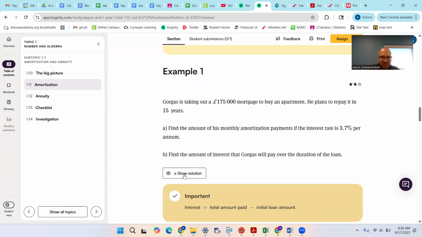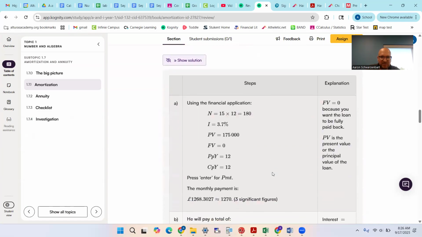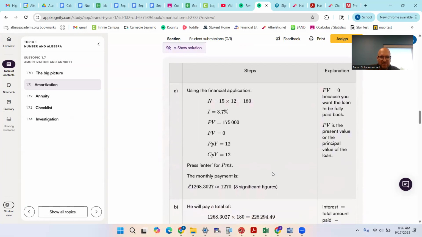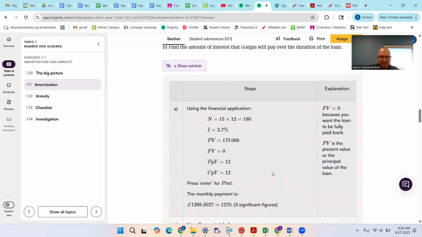I'm going to double check if I have to put this in as negative. Okay. And when you do this on the test, you must write down all of this.